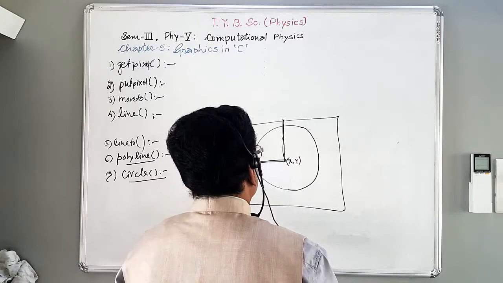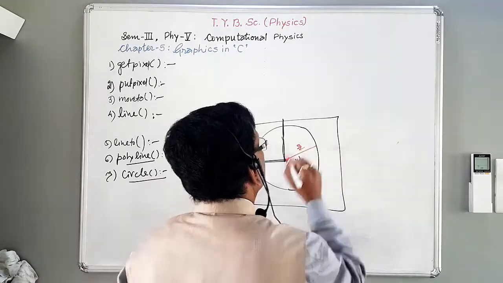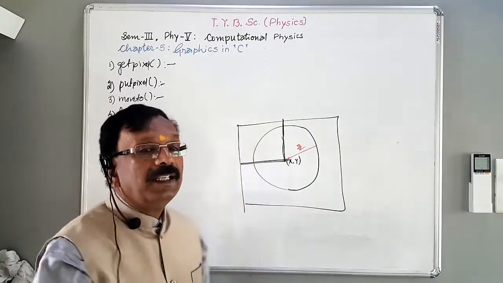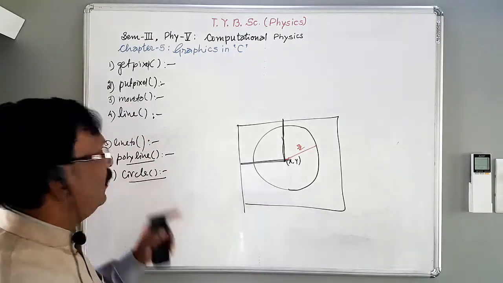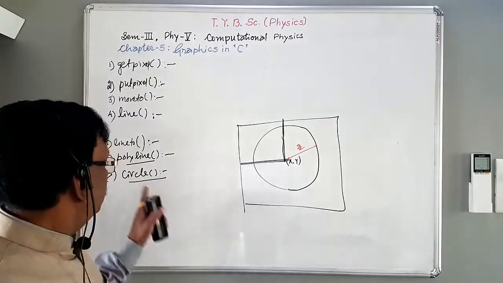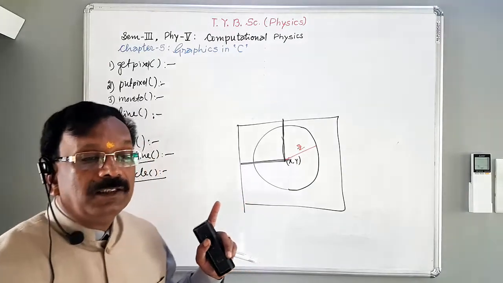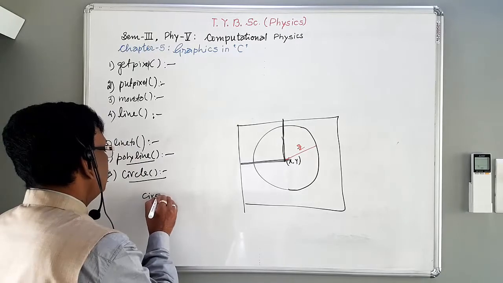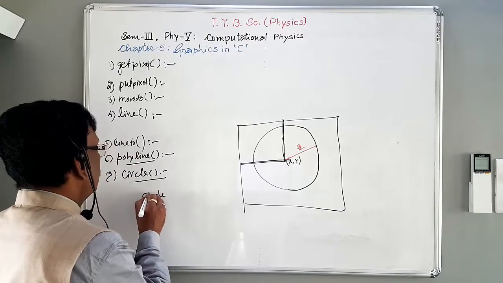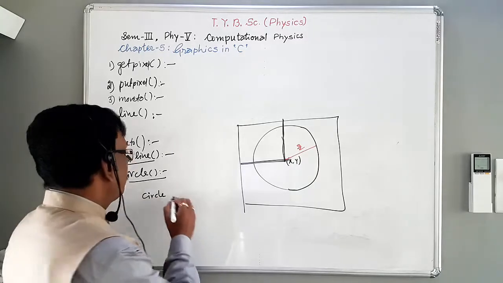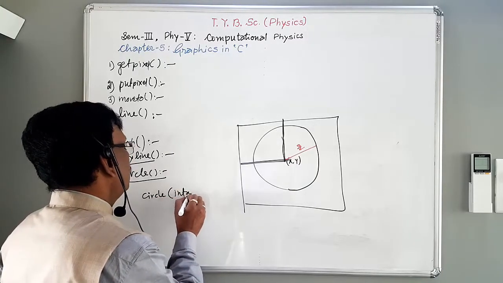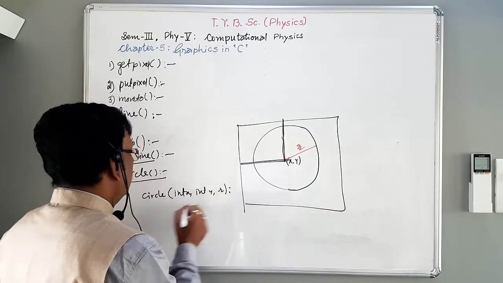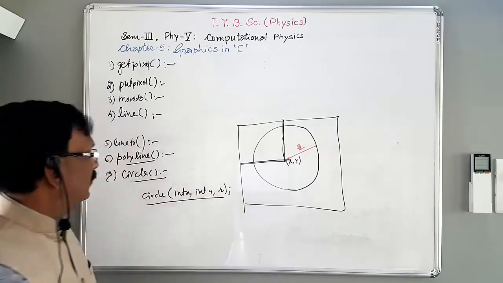Next, we have to give the radius of the circle. So in order to draw a circle on the computer screen, we are going to use the command circle. This is the keyword circle, then integer x, integer y and radius. This is the general syntax.